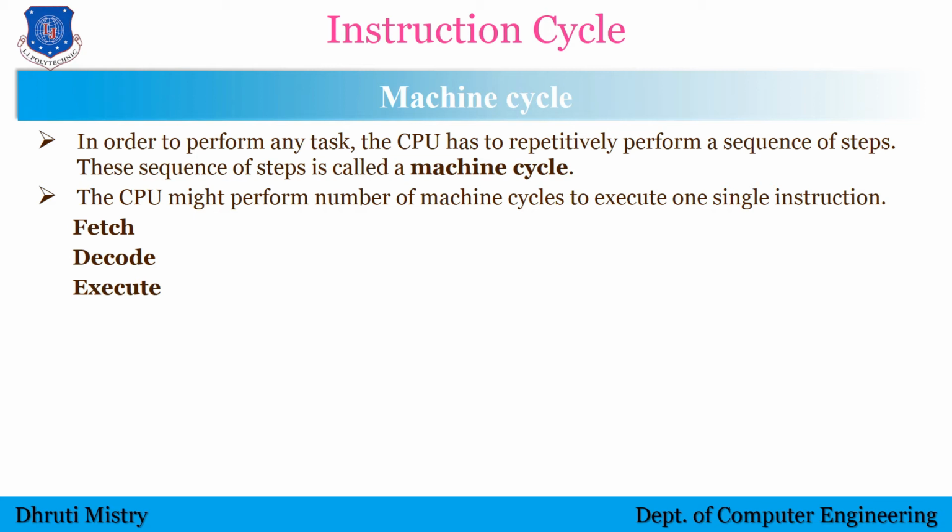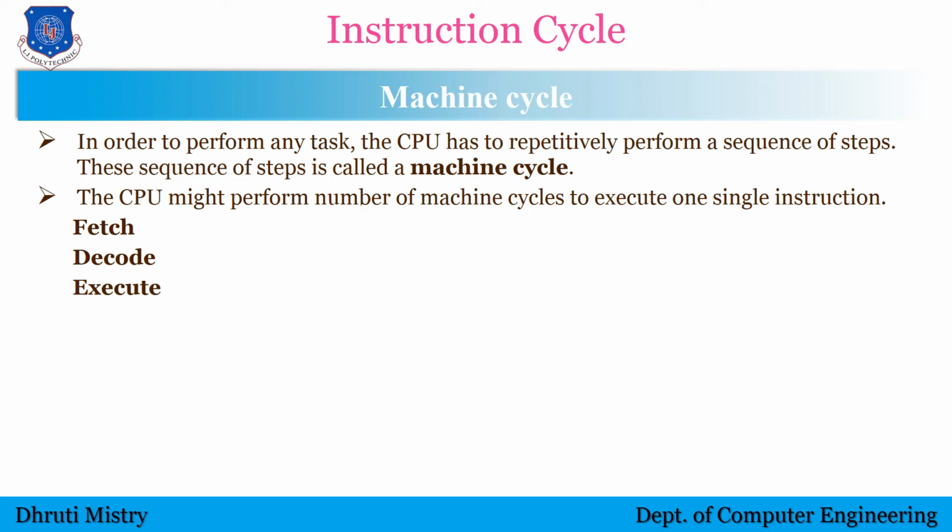The number of machine cycles required depends upon the type and the CPU architecture. For example, 8085 and 8086 will need a different number of machine cycles to execute the same instruction. Each instruction executed by the CPU goes through different phases at each clock cycle.